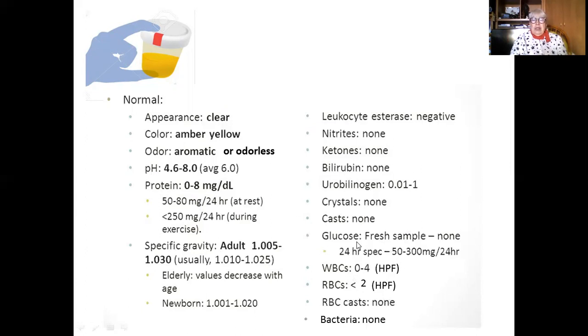You see here less glucose, and what is important, white blood cells less than 5 in high power field of the microscope, and less than 2 red blood cells in high power field of the microscope, and no casts and no bacteria.